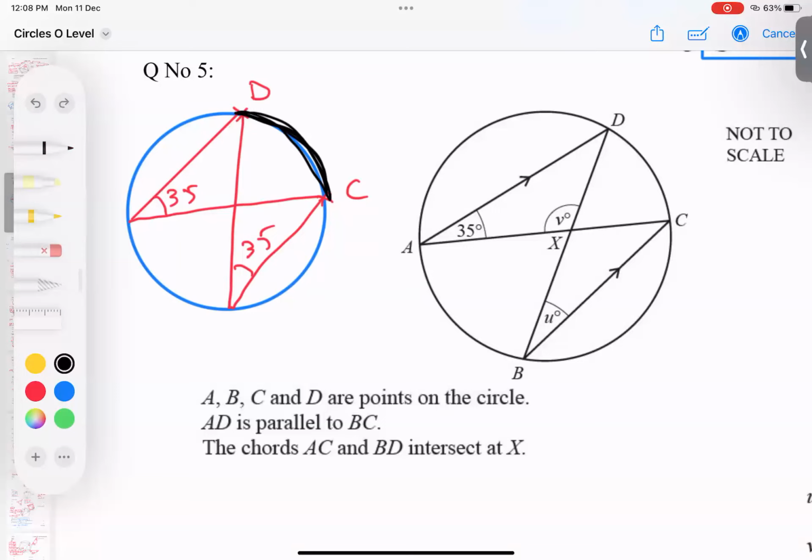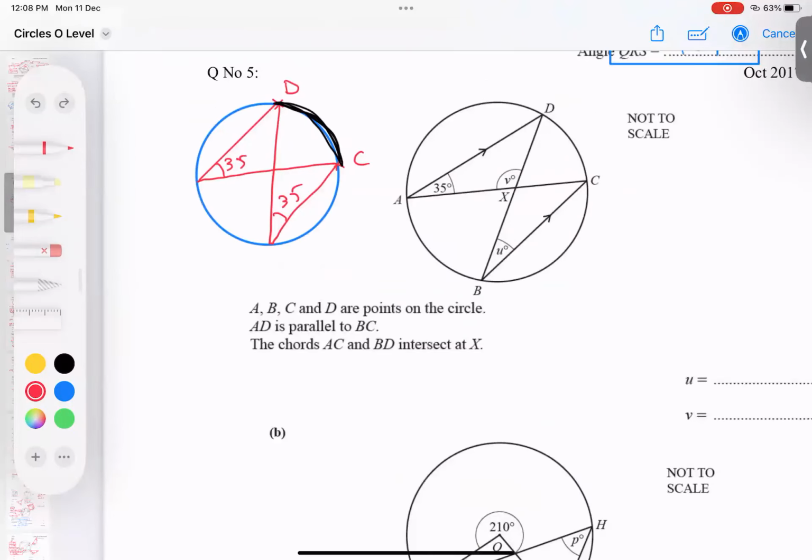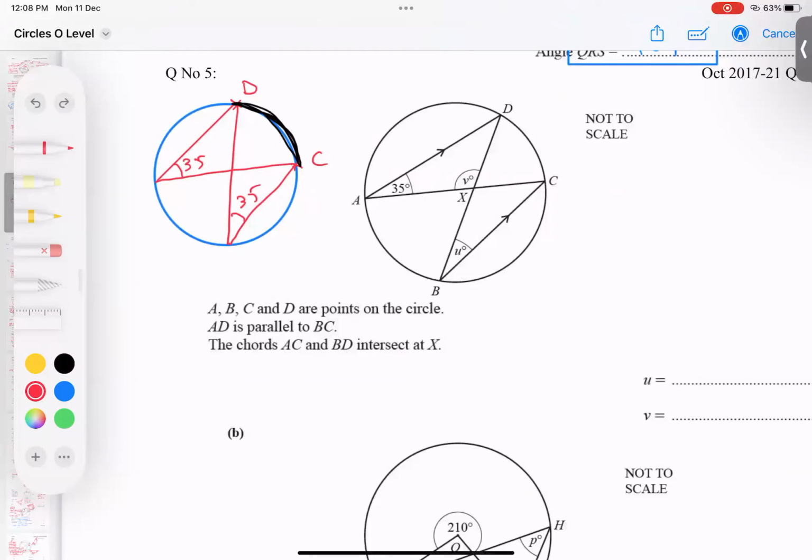Now, if you compare this question with this question, this arc length is the same. Okay, students, I meet here and here, and this angle is 35. I meet here, and this angle is also 35. So this angle and this angle are equal to each other. Simply write the reason, and write here that u is equal to 35.